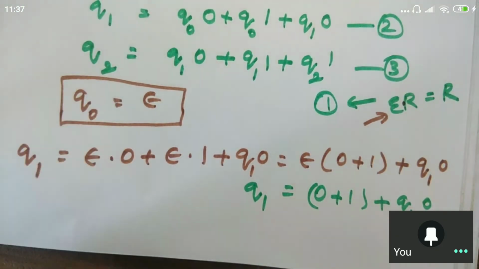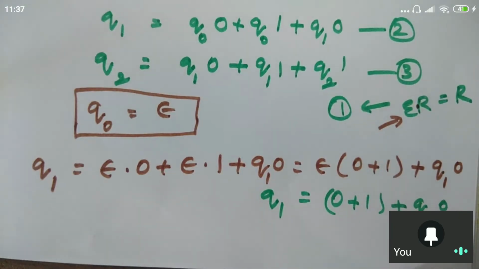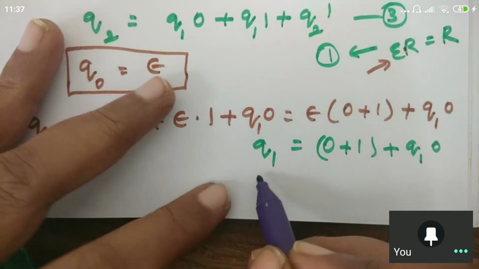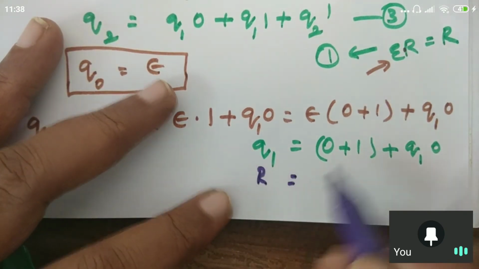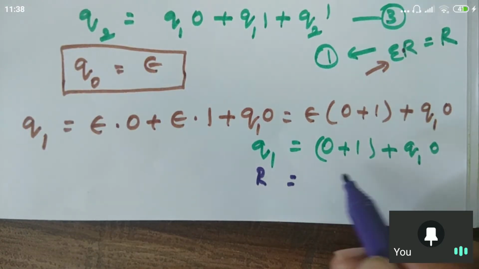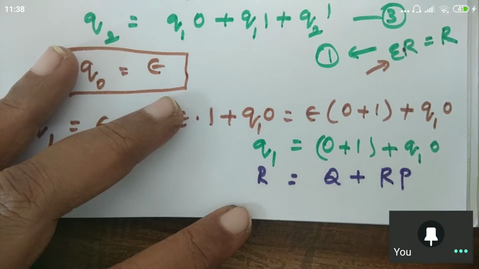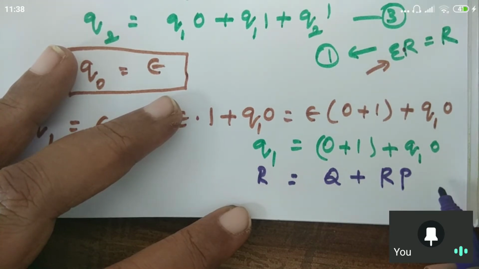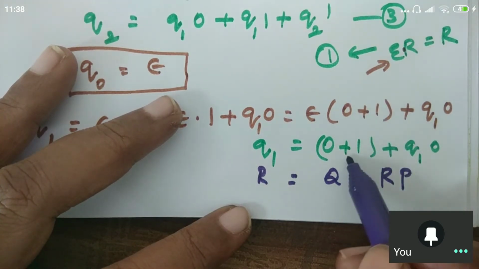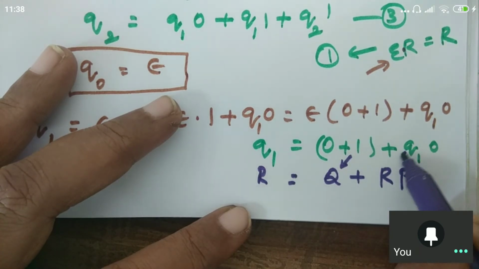As per Arden's theorem, what is the statement? Whenever a regular equation is in the form R is equal to Q plus RP, the solution can be written as QP star. Let us take this as Q. Q1 is R and P is 0.